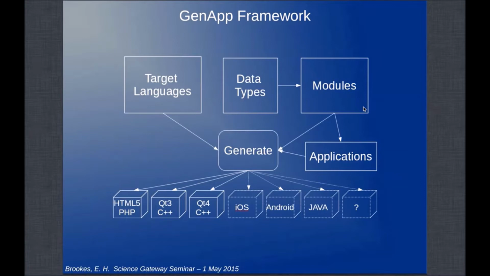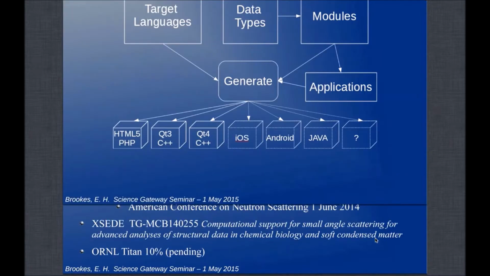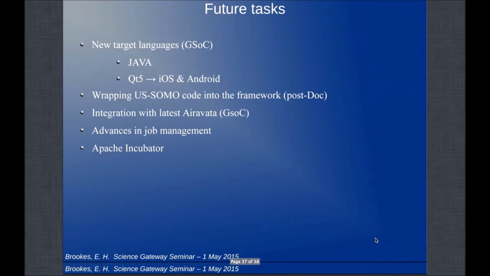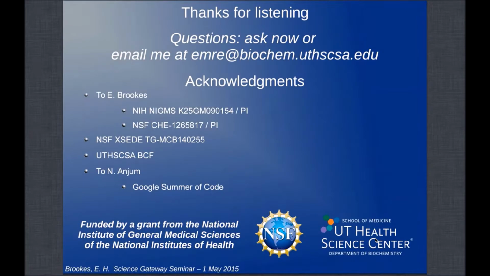I want to solve some of the issues myself, but I've been too busy with the framework itself to do the US SOMO conversion, although I guess I could, but I have a postdoc funded for that. As part of GSOC, we are also integrating with the latest Airavata.